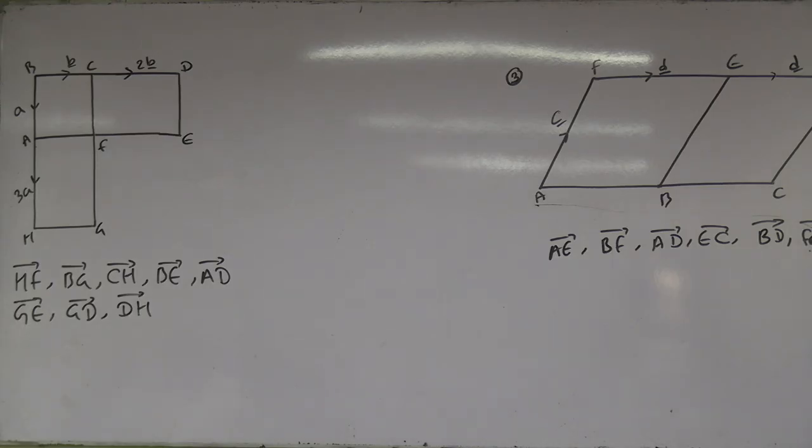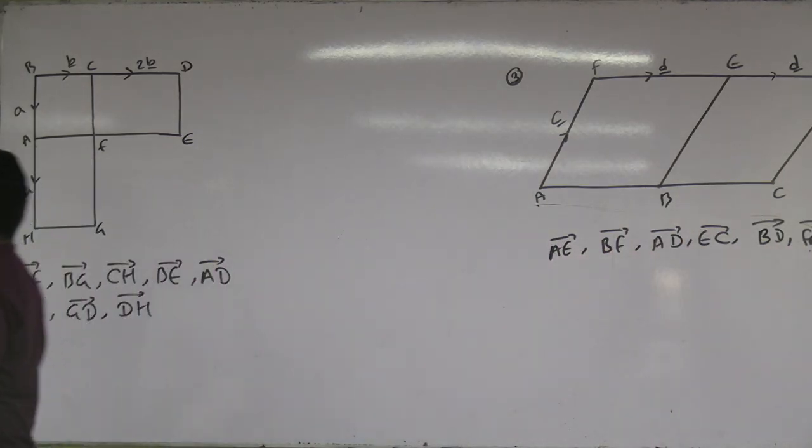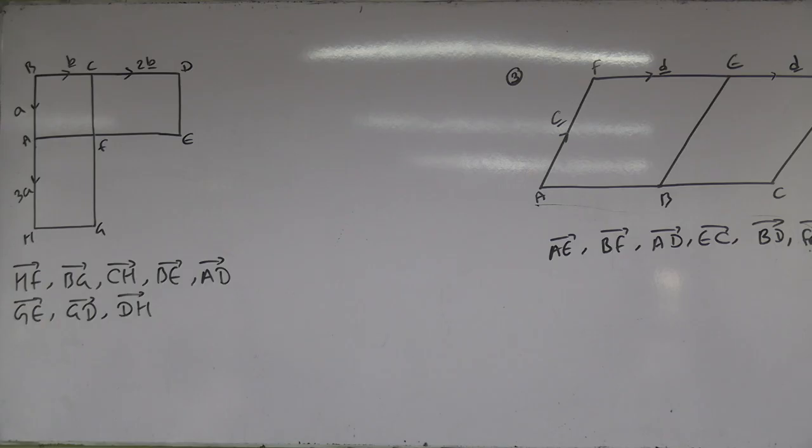Okay, so what you have to do is initially write all the equal vectors, mark all the equal vectors, and thereafter we can consider the addition of vectors.